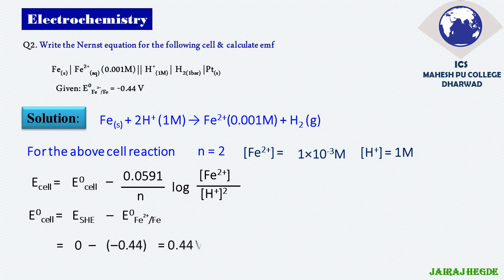So 0 minus minus 0.44 is plus 0.44 volt. The E naught cell value we know is plus 0.44 volt. We know the n value, n value is 2, the concentration of Fe2 plus, the concentration of H plus. All of the things are known in this equation. So you can easily solve this.